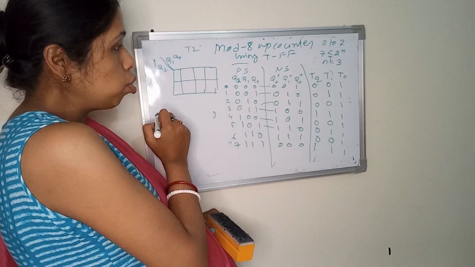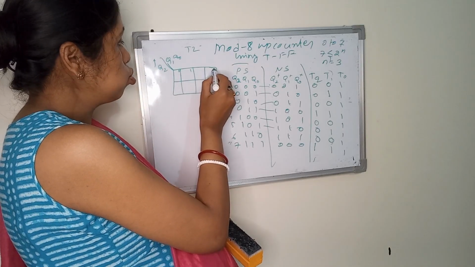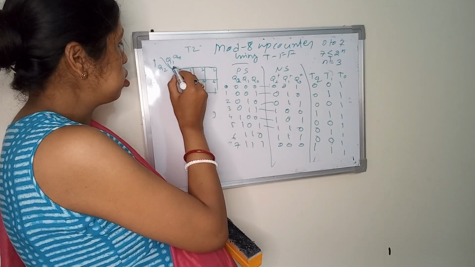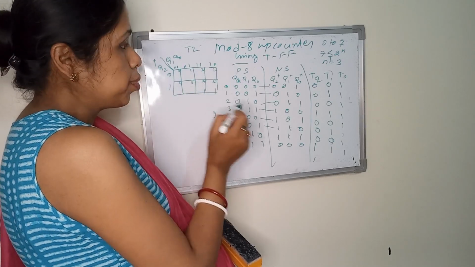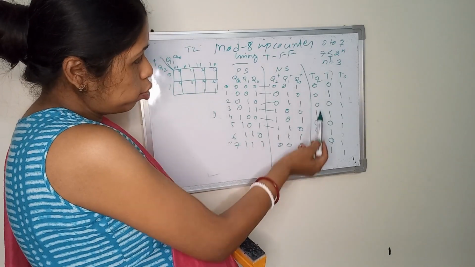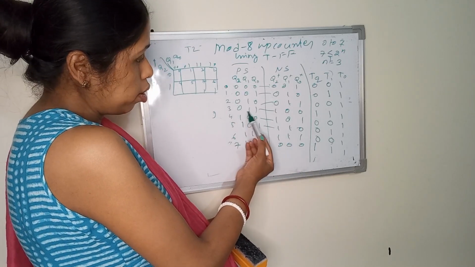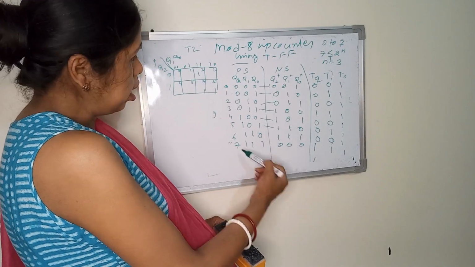Okay, so I am just checking. You know it is 0, 1, 2, 3, 4, 5, 6, 7. 0, 0, 0, 1, 1, 1, 0. So T2 is 1 for which combination? 3 combinations, 0 1 1, and on the last, 7.